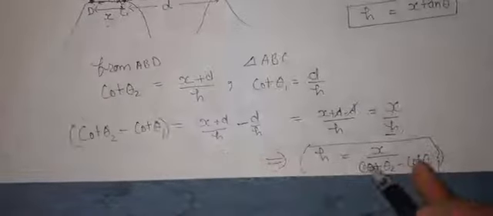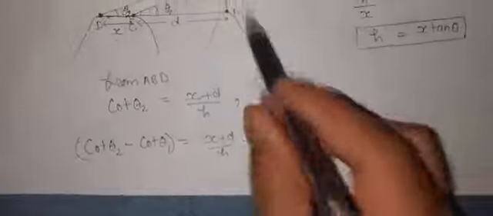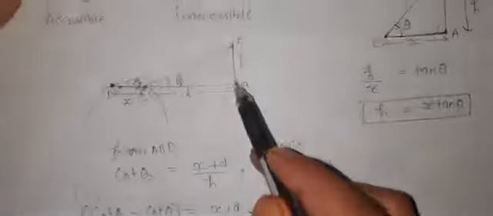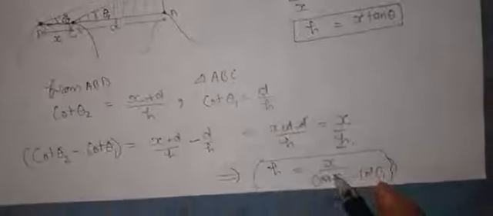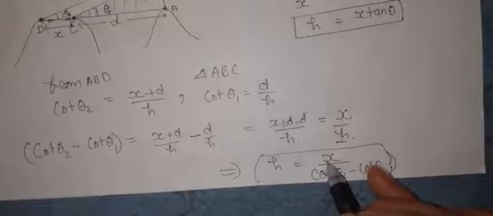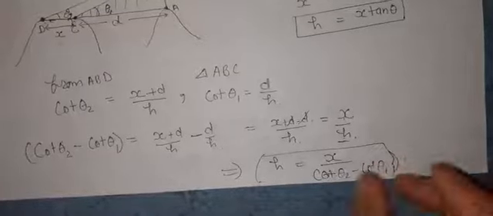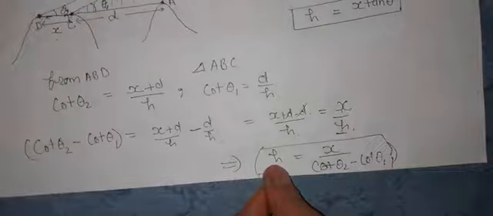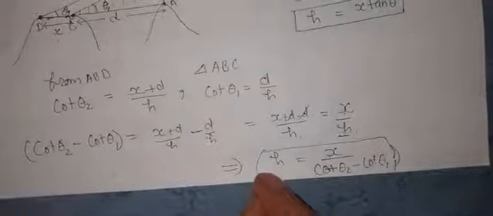Therefore, when we have done our calculation, finally we got the height of this object as x upon cot theta 2 minus cot theta 1. So we have measured the theta 2 angle, we have measured the theta 1 angle, and we have this known distance x. So thus we can easily calculate h, the height of this mountain.